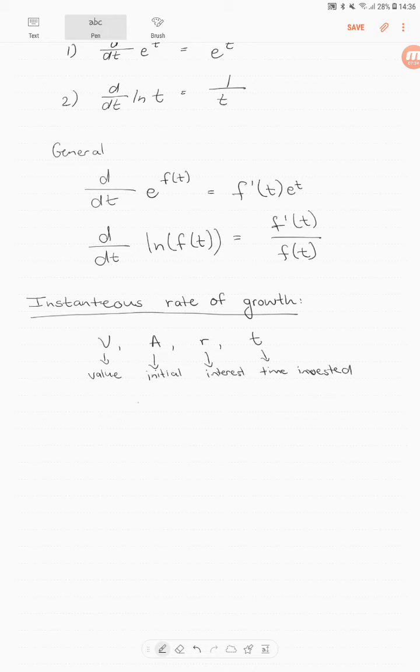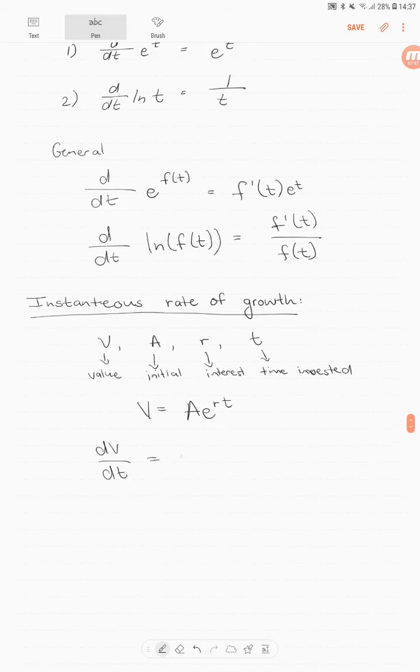If we take V as our approximation, if it's continuously compounded, then we have V equal to A e to the rt. Let's take the derivative of V with regards to t.